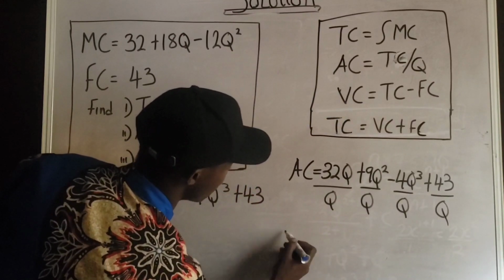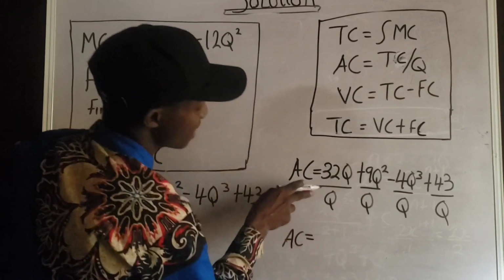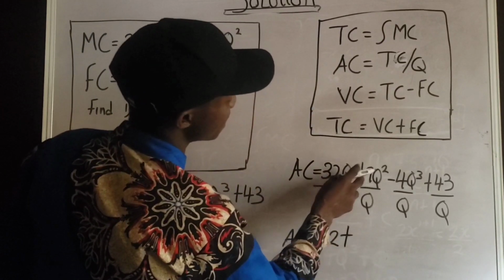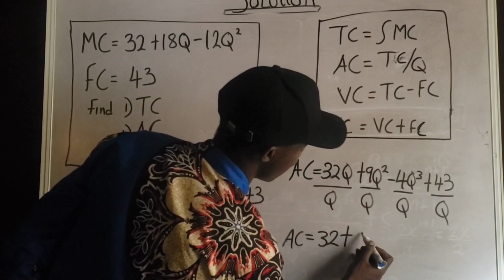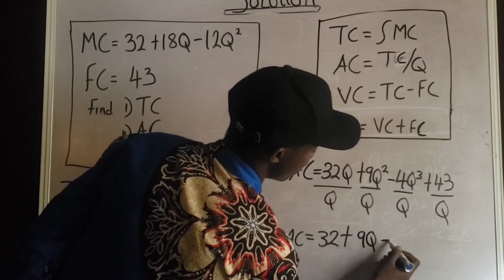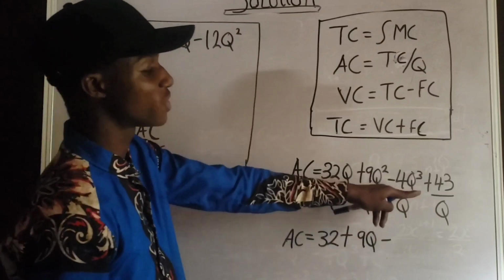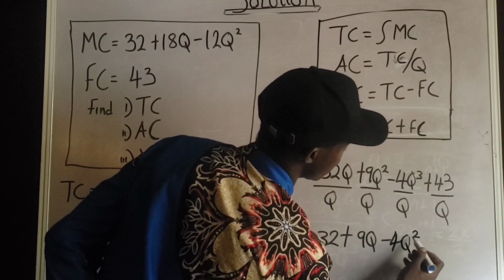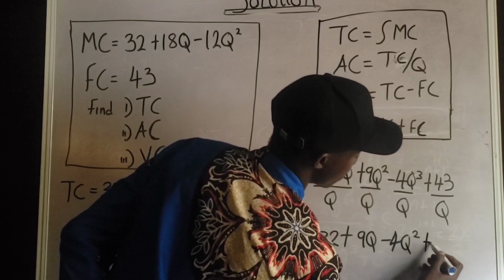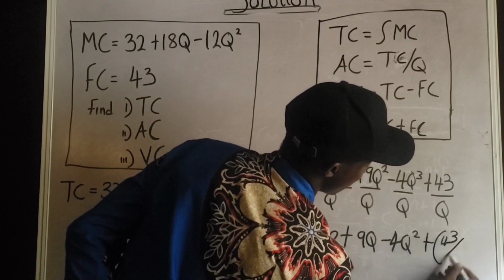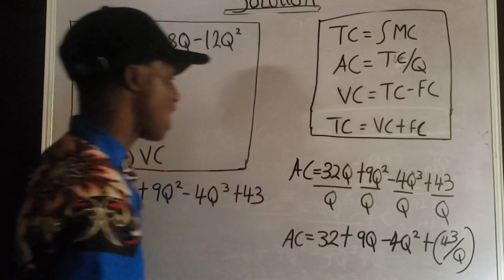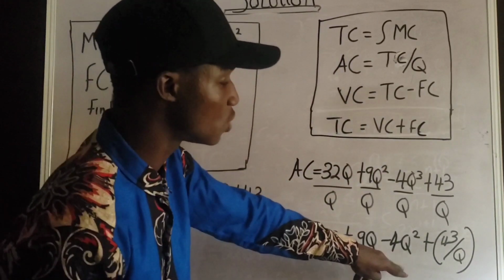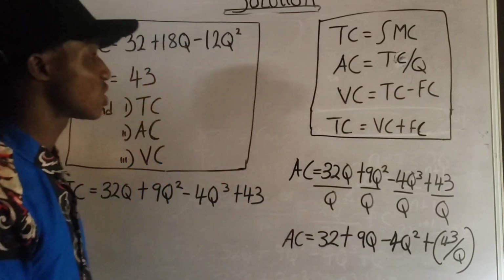So the average cost now is equal to 32q divided by q, that is 32, plus 9q squared divided by q, that is 9q, minus 4q raised to the power of 3 divided by q, that is minus 4q squared, and plus 43 all over q. So therefore, the average cost function is 32 plus 9q minus 4q raised to the power of 2 plus 43 over q.